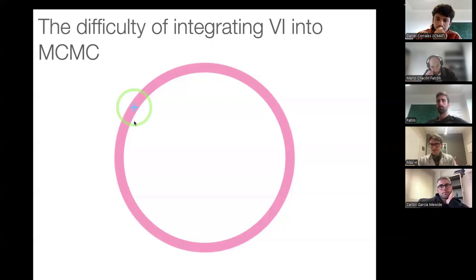So in this case, this folkloric understanding of the tuning of a Markov kernel within an MCMC method just completely breaks down. And the reason it breaks down is that we've used the results of a global method, variational inference, and we've basically jammed them into a local method, which is MCMC.